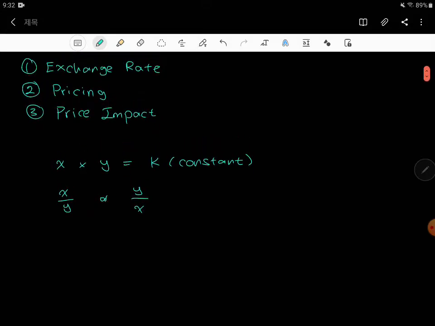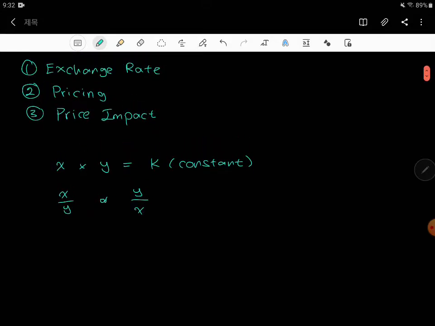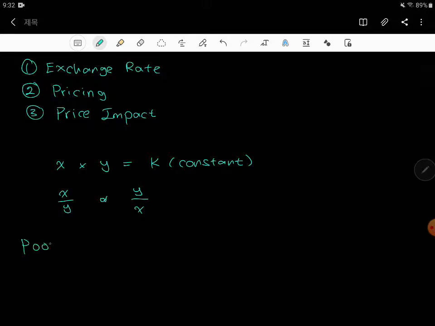Okay. Let's have an example to explain this. So let's say pool A is made of 2 ether plus number of DAI.